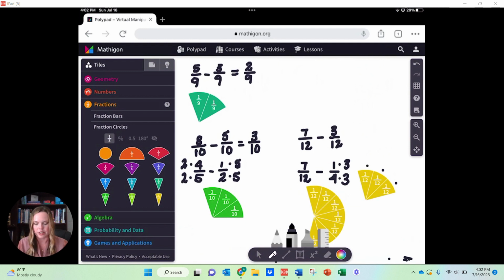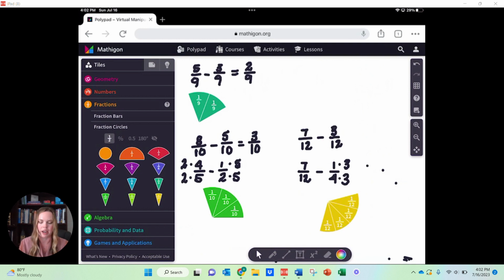Okay, and we can see that. We can do that removal. Take those 3/12 away and count how many we have left, and we have 4/12. But you might notice that that might not be the simplest term, so we always need to check that.